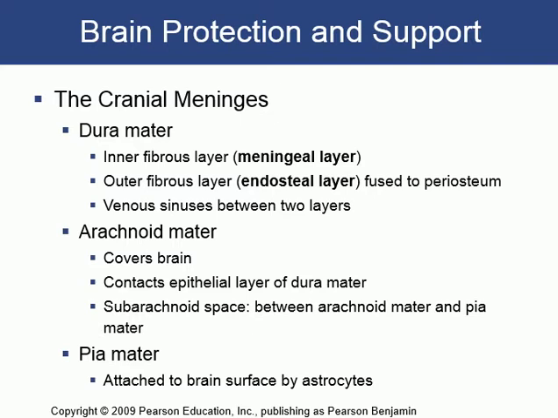The inner one is called the meningeal, and the outer one is called the endosteal. What does endosteal mean? Endo-osteal. Endo means inside and osteum means bone. So this is at the inner aspect of the bone. This is what is adherent to the skull from inside. That's where the name came from.